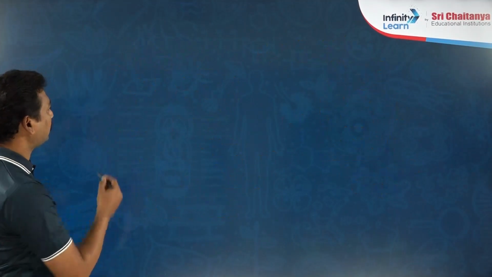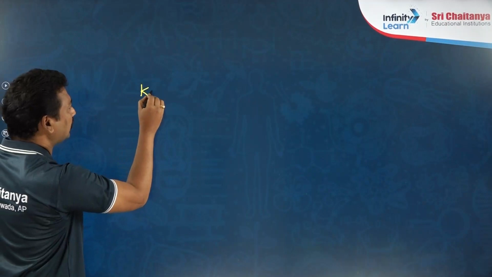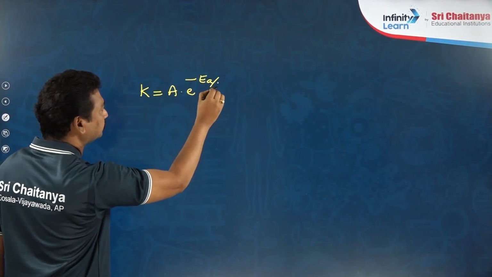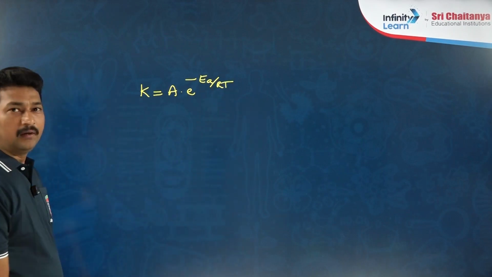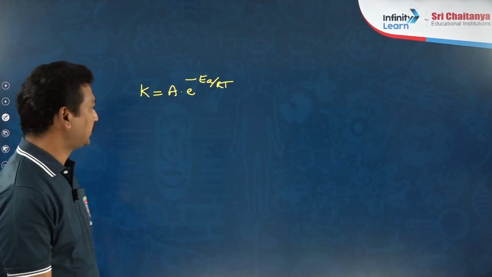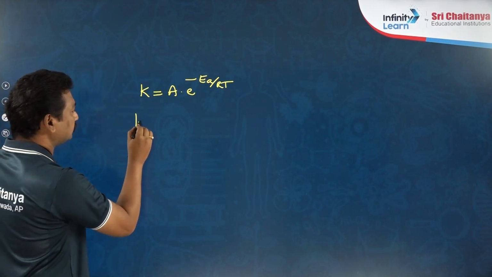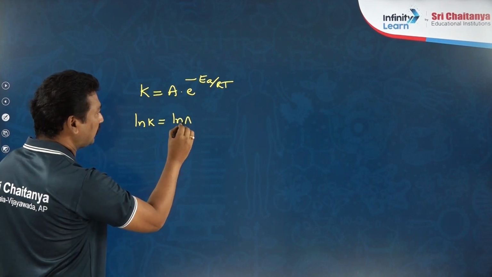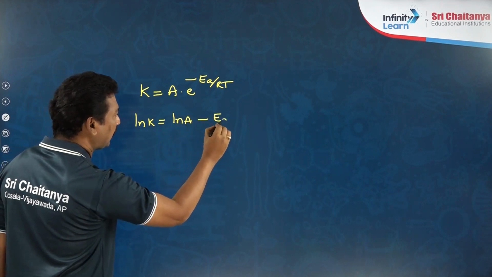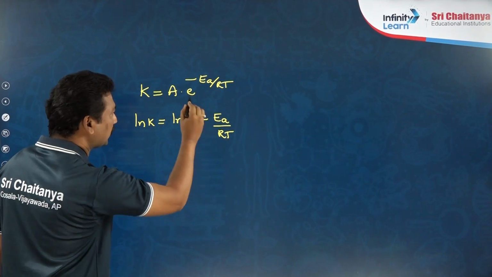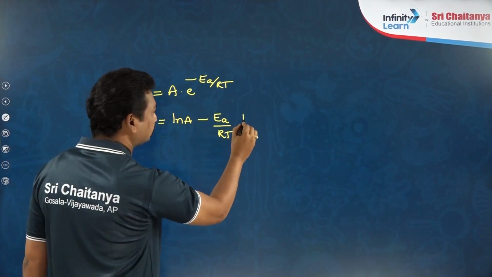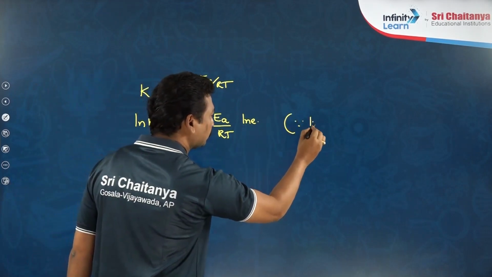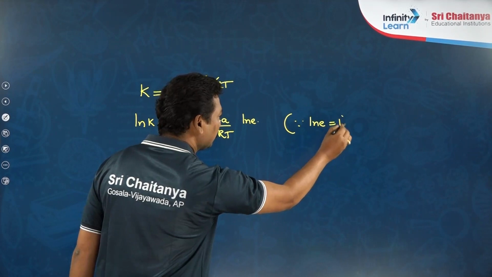So once again I am going to write the expression: K is equal to A into e power minus EA by RT. Taking logarithms on both sides, we get ln K is equal to ln A minus EA by RT, and this will become ln e to the base e. This ln e to the base e value is 1.